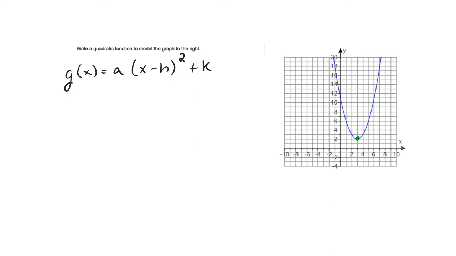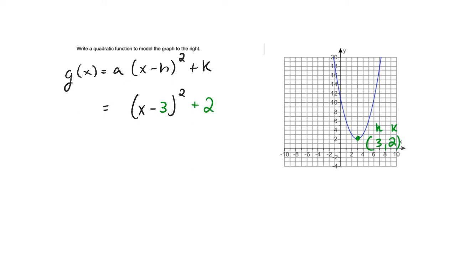So the vertex is right here, which is at 3, 2. So your h is 3, your k is 2. So we get x minus 3 squared, and then our k is positive 2, so plus 2.